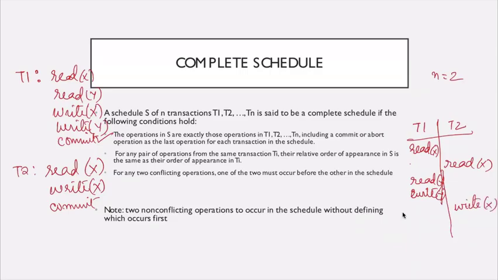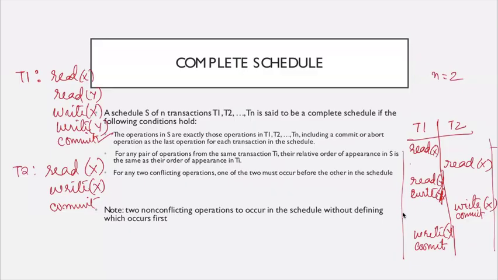Then I have a write Y here. Write Y, this is write X. And then here I have a commit for T2, and here I have a commit for T1. So this is the first condition. All the operations that were there in T1 are there in the schedule, and all the operations that are there in T2 are there in the schedule, including commit or abort if any.